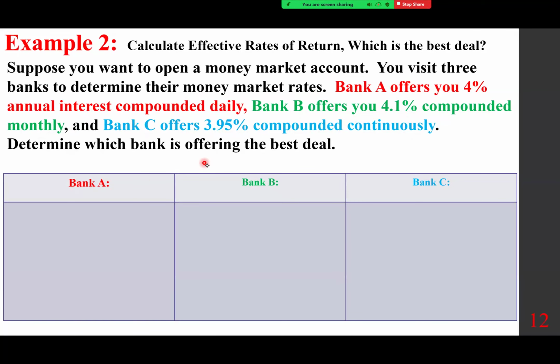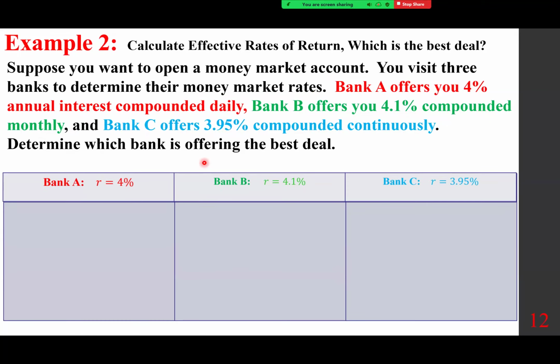So first and foremost, we got to put the rates. So Bank A gives us 4%. Bank B, 4.1%. Bank C, 3.95%. First, establishing that. This is compounded daily, this is compounded monthly, and the R effective is 1 plus R over n to the power of n minus 1.